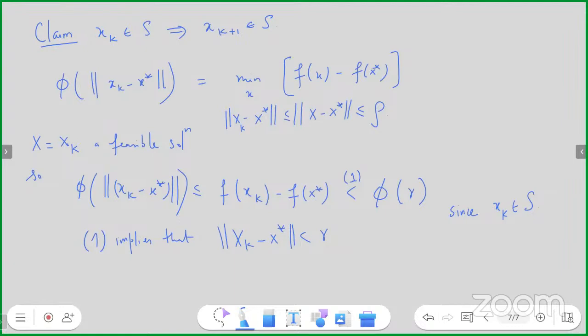Once I have this, then I can use my setup, which says that for all choices of xk minus x star less than r, x minus x star plus s c times the gradient is at most epsilon. But why does 1 imply this?